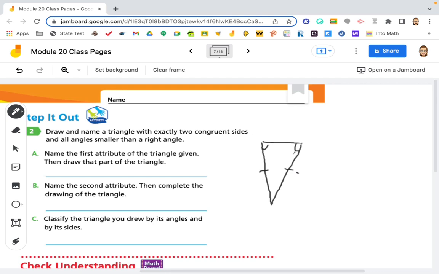It says name the first attribute of the triangle given. Then draw that part. Well, it says two congruent sides. And the second is all angles are smaller than a right angle.